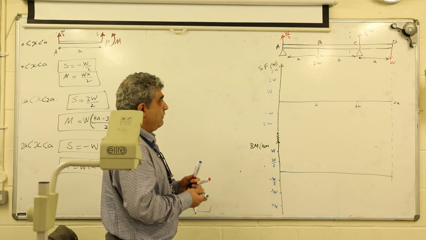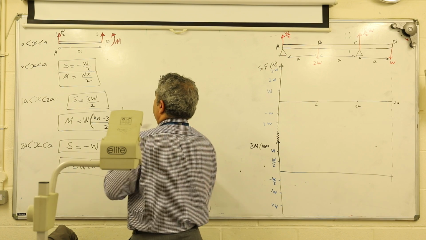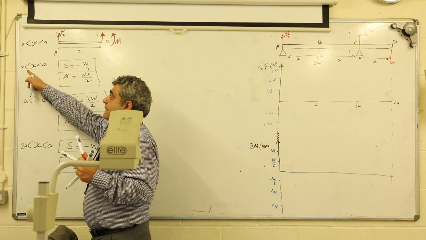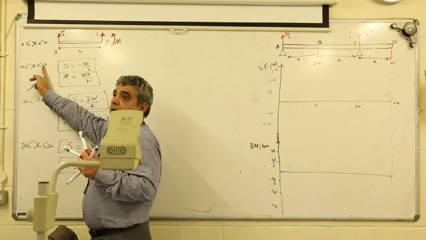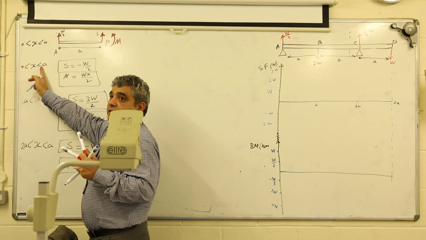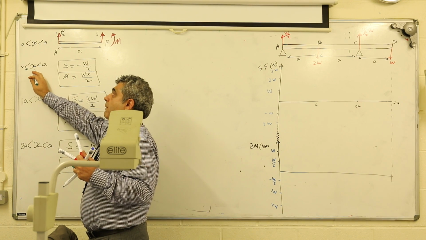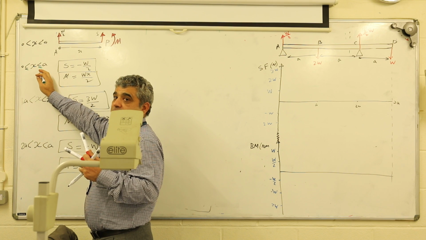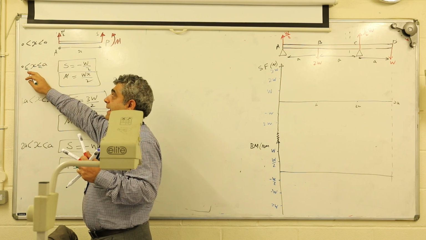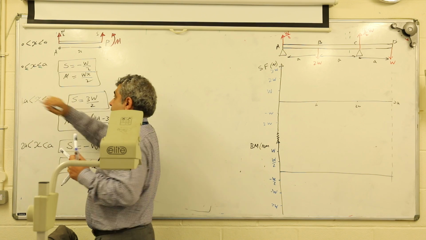Let's start solving the problem for the shear force. Watch me here. The first range is X bigger than 0 and less than A. In order to solve it, the best way is to make an equation with X equal to A, so X less than or equal to A and X equal to or bigger than 0.